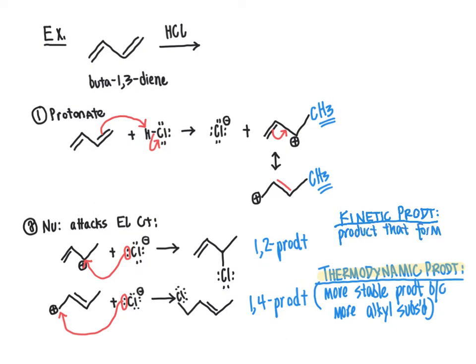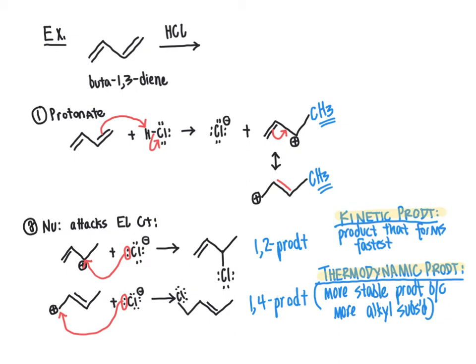Because the term kinetics refers to speed, and so the kinetic product is the product that forms the fastest. So it is the first one to the finish line. And so in the case of the 1,2 versus 1,4 product, there are different factors at play for this particular reaction that cause the 1,2 product to form faster than the 1,4 product.